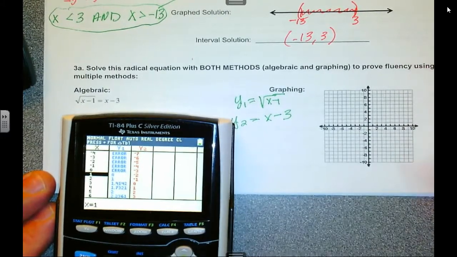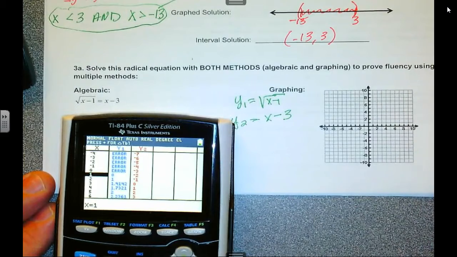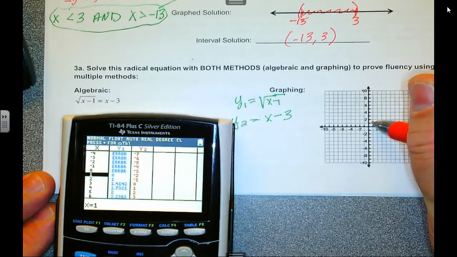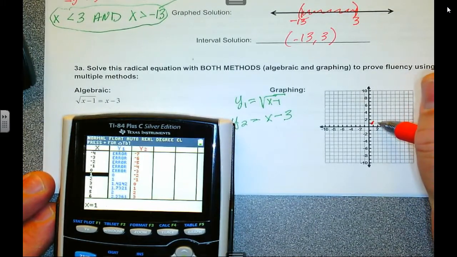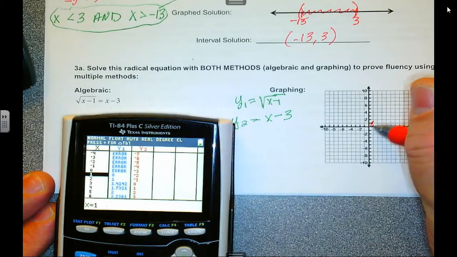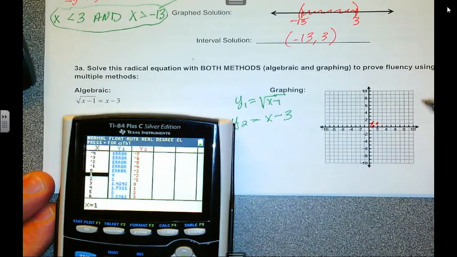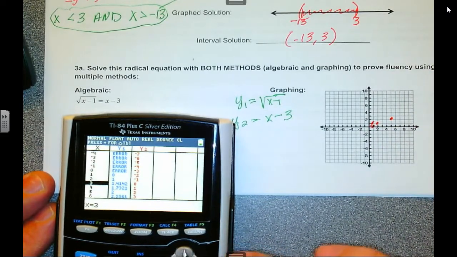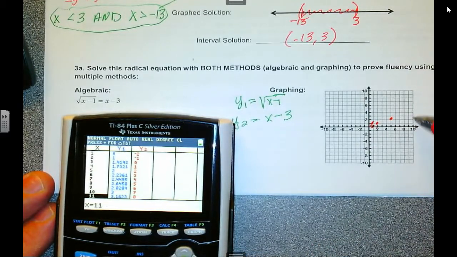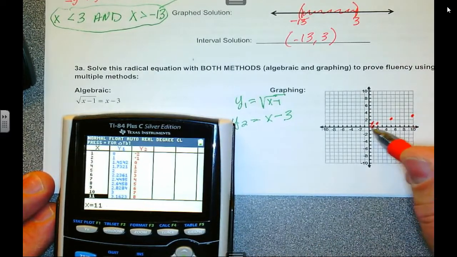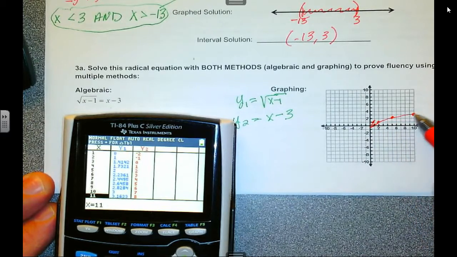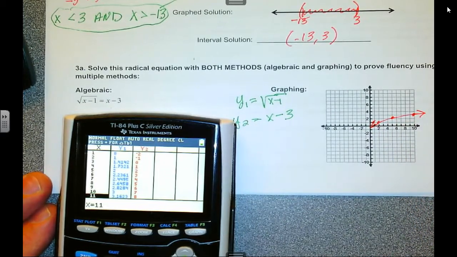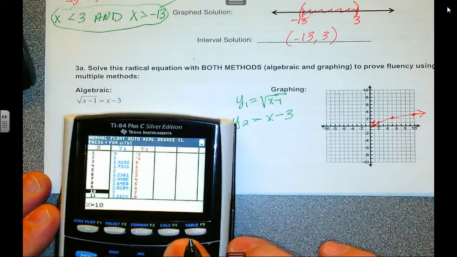Okay, so I have 1, 0, 2, 1, 5, 2. There should be one more. 10, 3. So here's my radical graph. And then my line graph.